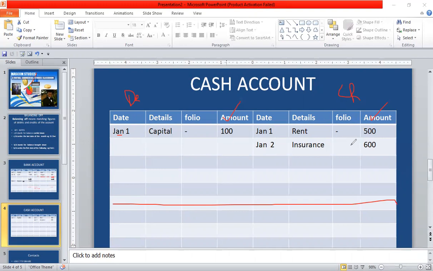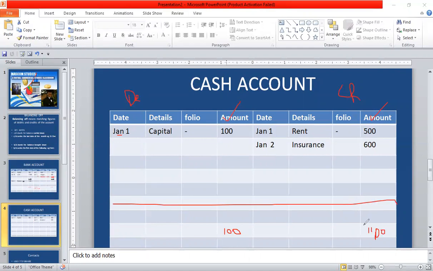We agreed in our last example that we add the amounts appearing on the debit side. We have a total of 100, so we write 100 here. And we have a total of 500 plus 600, what we get is 1,100. I think you can follow from this.